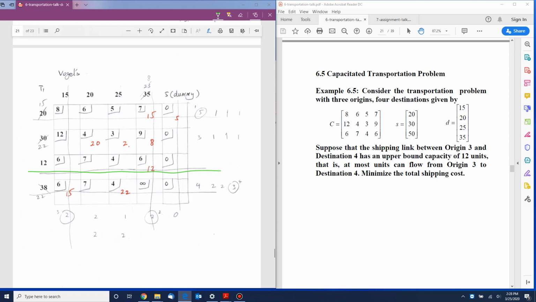So in this way, you will never put any units into that 4, right? You won't. And once we have done this, you can see here we do the same thing using Vogel's method. That's 5, 3, 4, and here for this first one is 1.